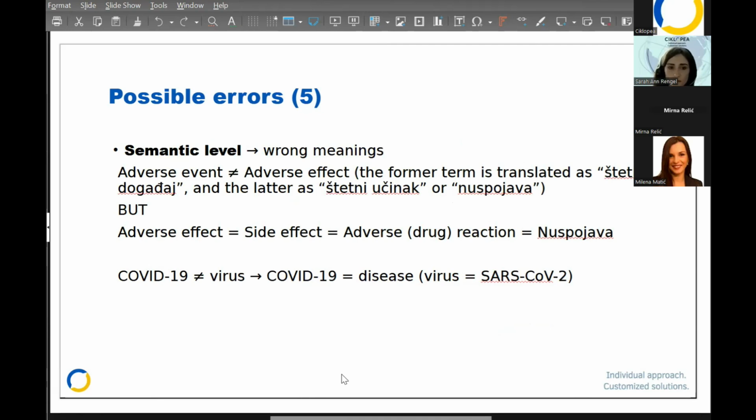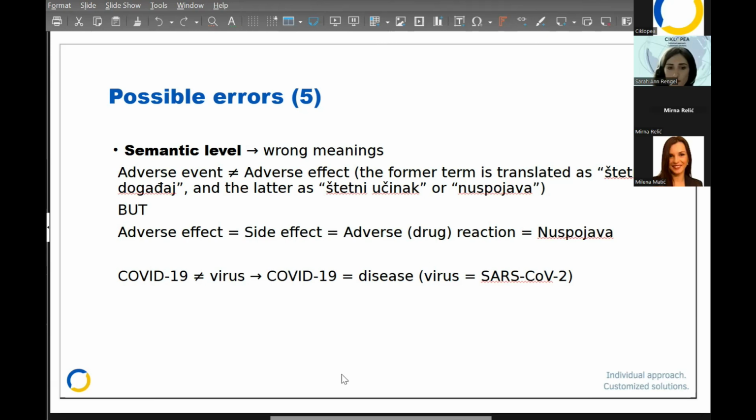Whereas adverse effect is a direct consequence of the administration of a particular medicinal product. So we also need to be careful to translate the first term as štetni događaj and the latter as štetni učinak. But as you can see here, adverse effect is the same as side effect, which is also the same as adverse drug reaction, which is translated as nuspojava.